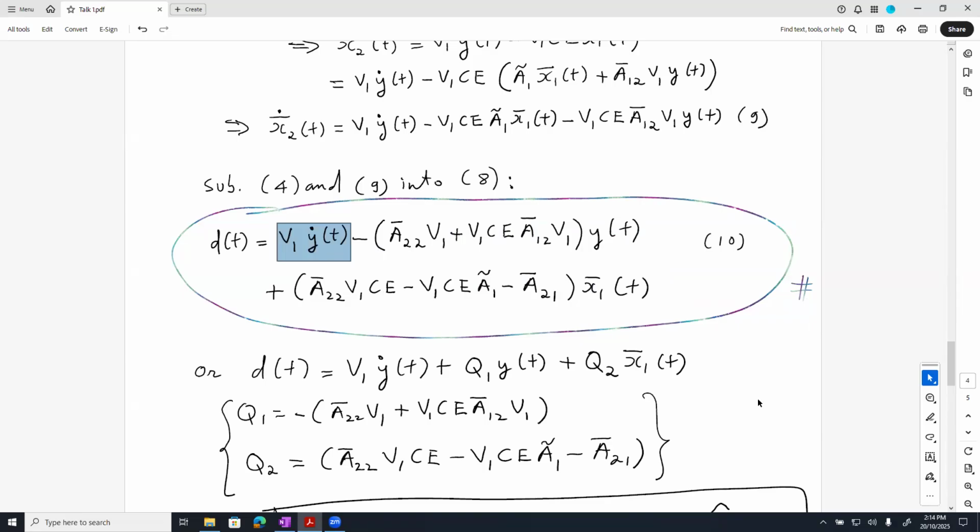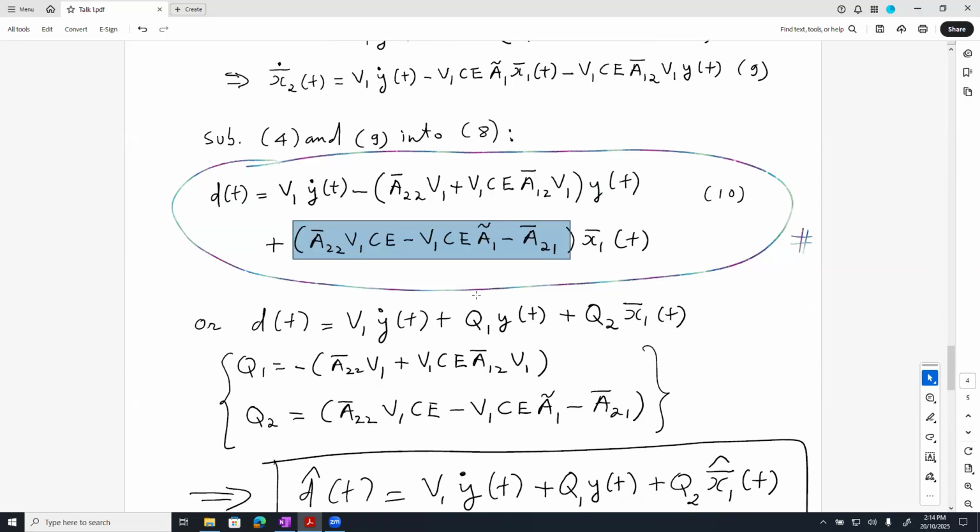So the first derivative of the output measurement is required in here. And then the output measurement y of t, and if we take the entire term in here, we can simplify by calling that equal to Q2, which is a matrix. It's actually a row matrix because D is just a single unknown input.